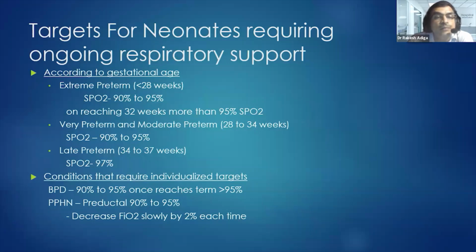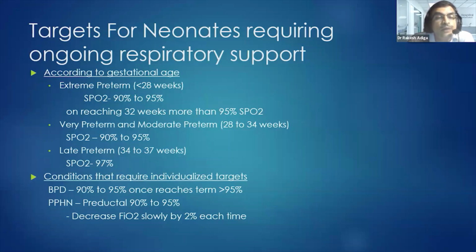Extreme preterm baby less than 28 weeks, oxygen saturation 90 to 95%. That same baby on reaching 32 weeks, we can increase to 95 to 97% approximately. Up to 97% we can go.